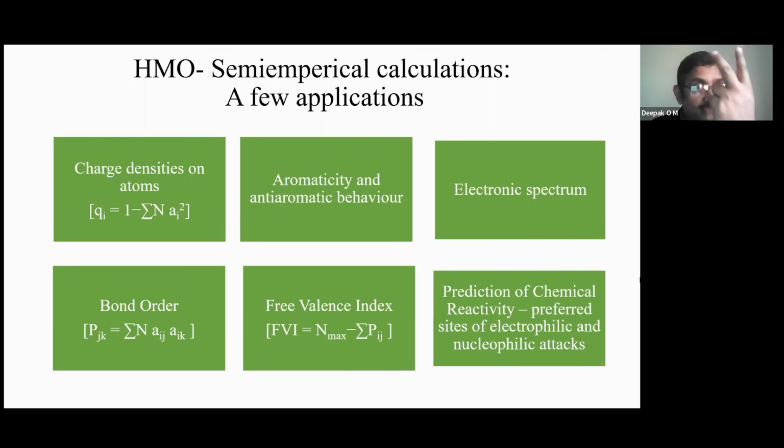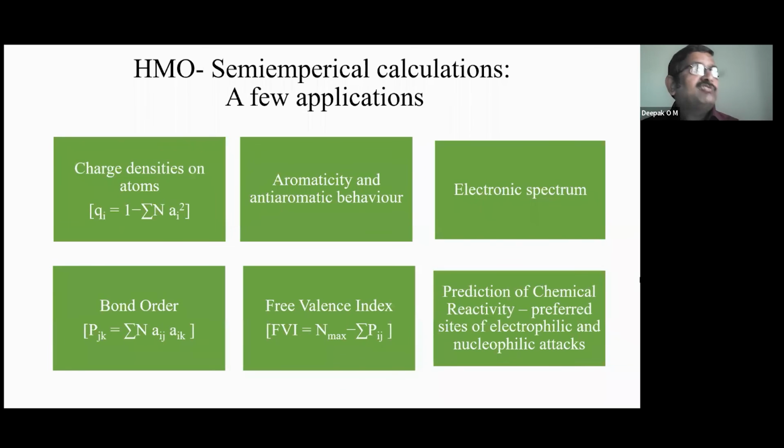With that, if I solve the Schrodinger equation, there are provisions to calculate charge densities on atoms, and the concept of aromatic and anti-aromatic behavior of molecules you can predict by using Huckel's molecular orbital calculations.